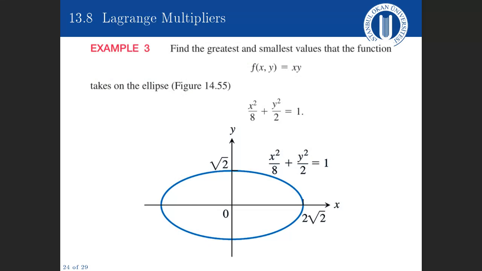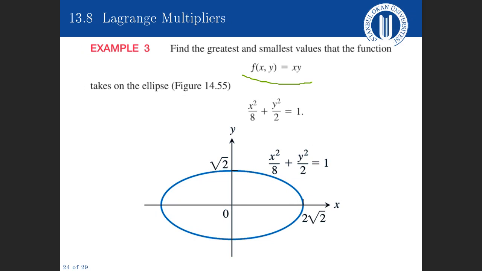Let's look at some more examples. This time, let's look at examples from the textbook. Find the greatest and smallest values of the function xy, so the maximum value and the minimum value, subject to the constraint that x squared over 8 plus y squared over 2 is equal to 1. We have our first function f.